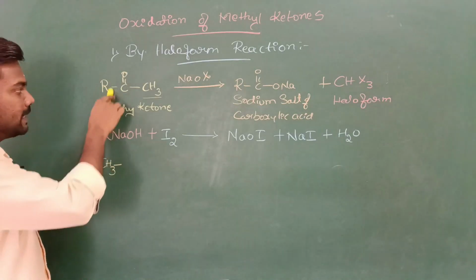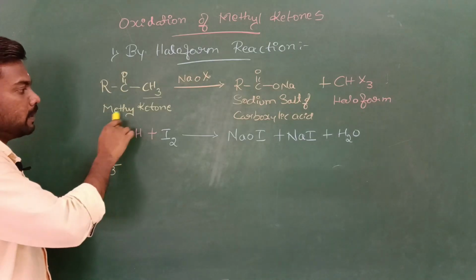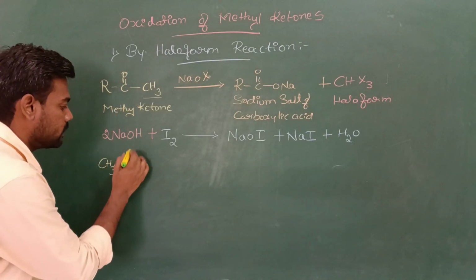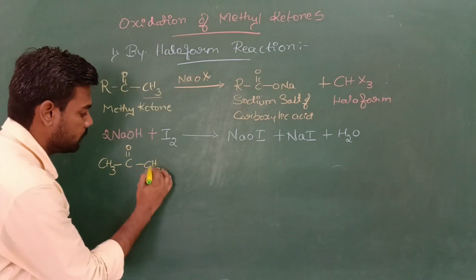If R is an alkyl group, for example a methyl group bonded to the methyl ketone, that is acetone.